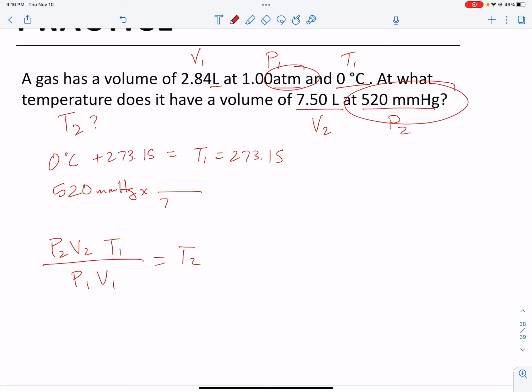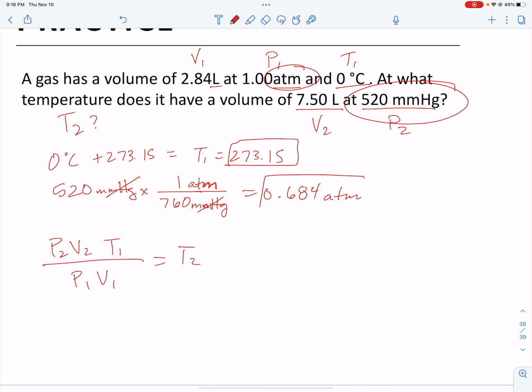The conversion is, and you'll also have to have this memorized, 760 millimeters mercury for every 1 atm. And so millimeters mercury will cancel. And when you do that, I believe you get 0.684, and now we have units of atm. So these are the two things that I will plug in.